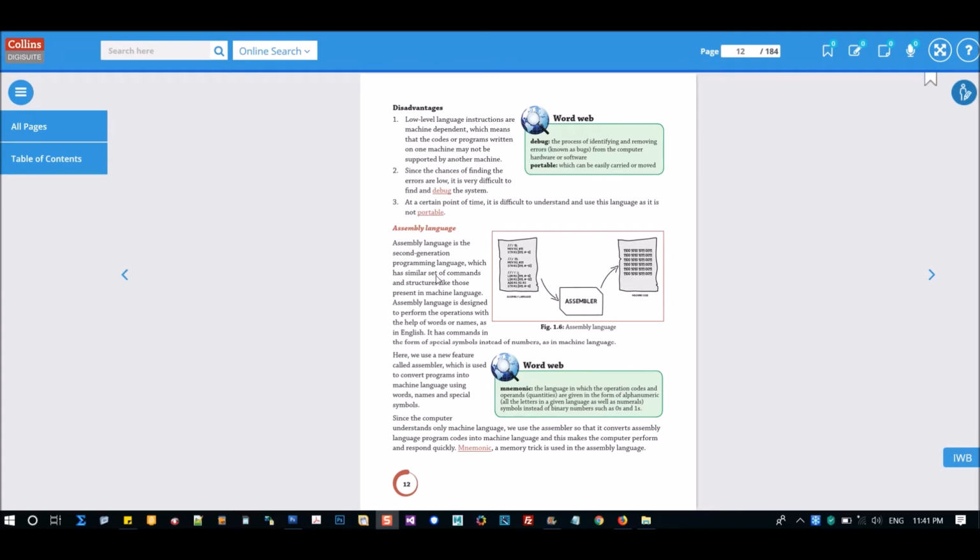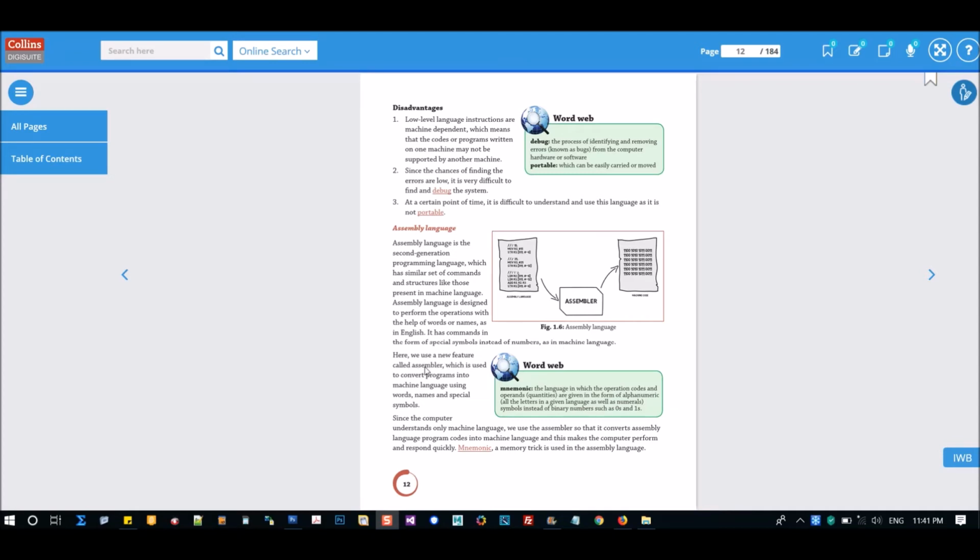So assembly language is the second generation programming language, which has a similar set of commands and instructions to those present in the machine language. Assembly language is designed to perform operations with the help of words or names as in English. It has commands in the form of special symbols instead of numbers as in machine language.